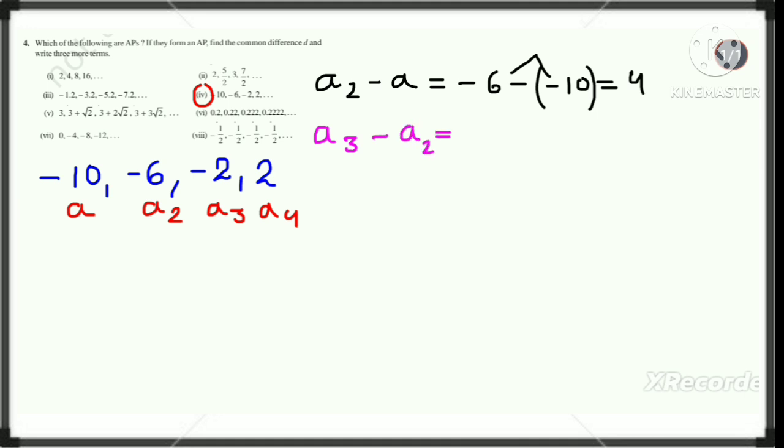A3 equal to, we have minus 2 minus, and A2 equal to, we have minus 6. And here also minus into minus plus, and 6 plus 6 and minus 2. After subtracting we obtain again the difference between A3 and A2 is 4.